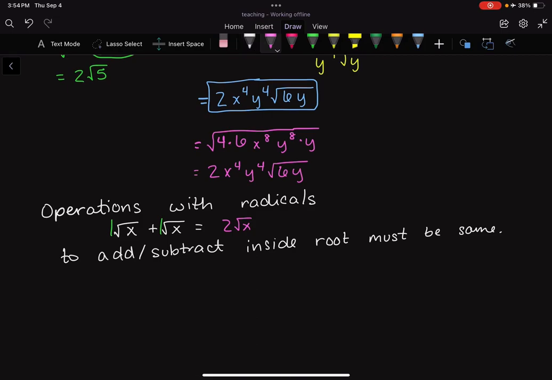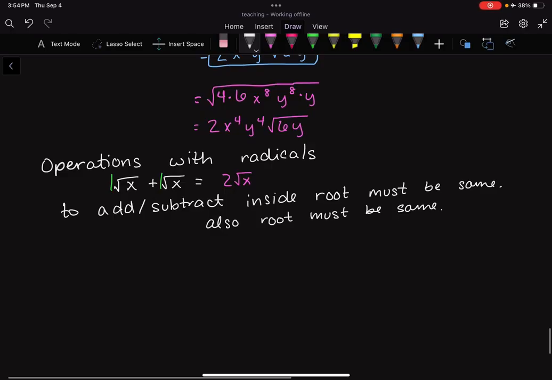So you can't add a square root and a cubed root together. Also, the root must be the same. There is a way to do it if the roots are different, and we will do one like that. You've got to work around it a little bit. And I'll show you.